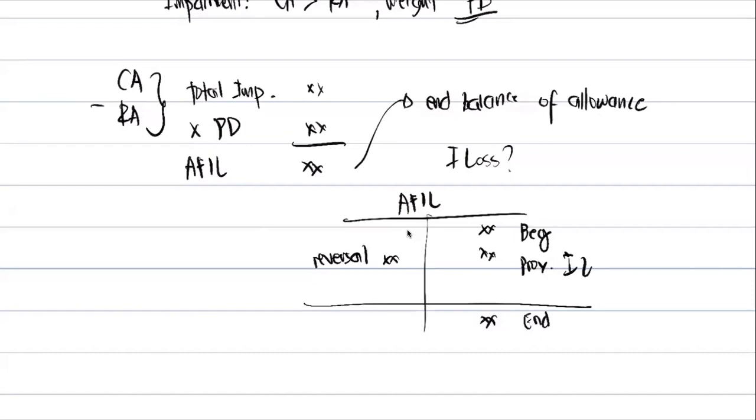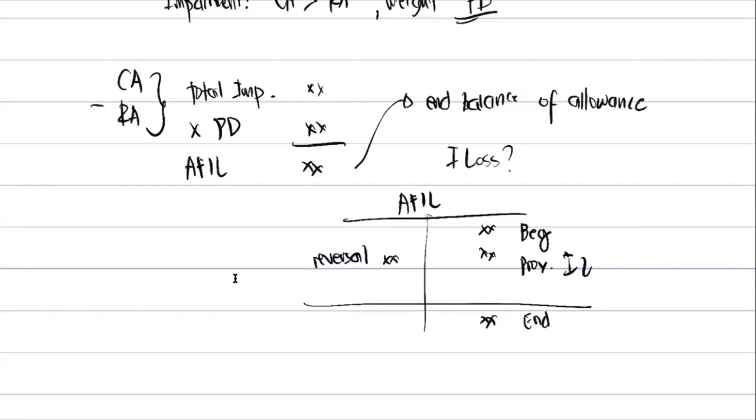Okay, so let's have an example. Let's say we have here a 5 million loan, 10% to ABC, on January 1, year 1.